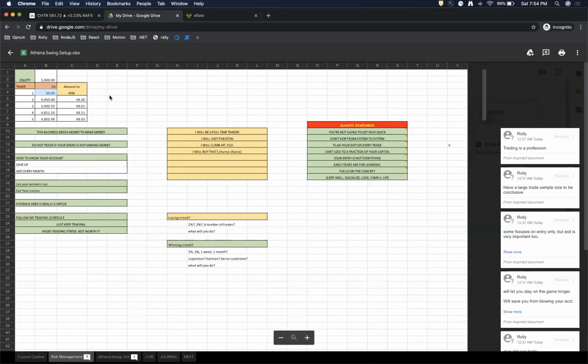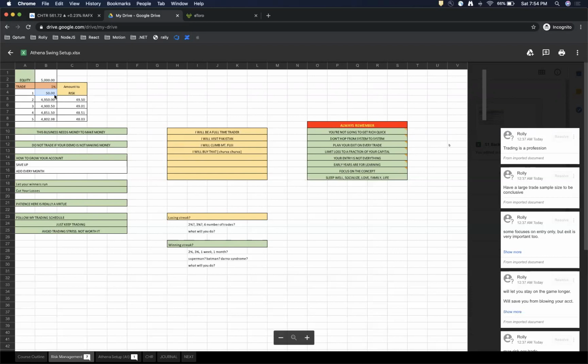Okay, so on the first trade, 1% of 5,000 is what? 50, right? I'm not sure how you do it in Google Sheets, but in Excel you can just set your formula, right?